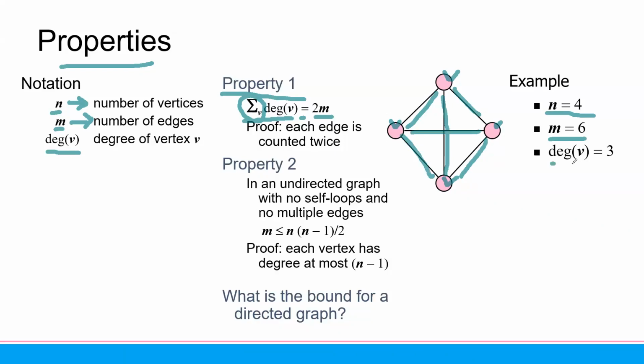What about the degree of v? For every vertex, it has the same degree, which is 3. If we have this kind of graph, we can use this property.